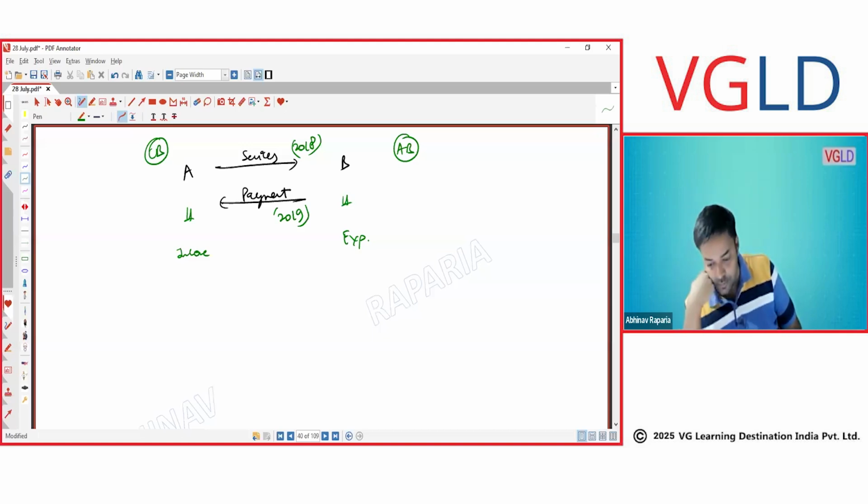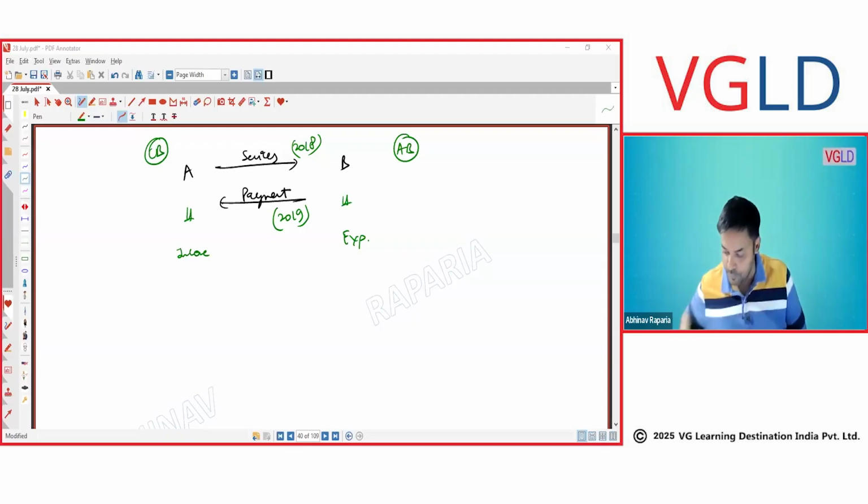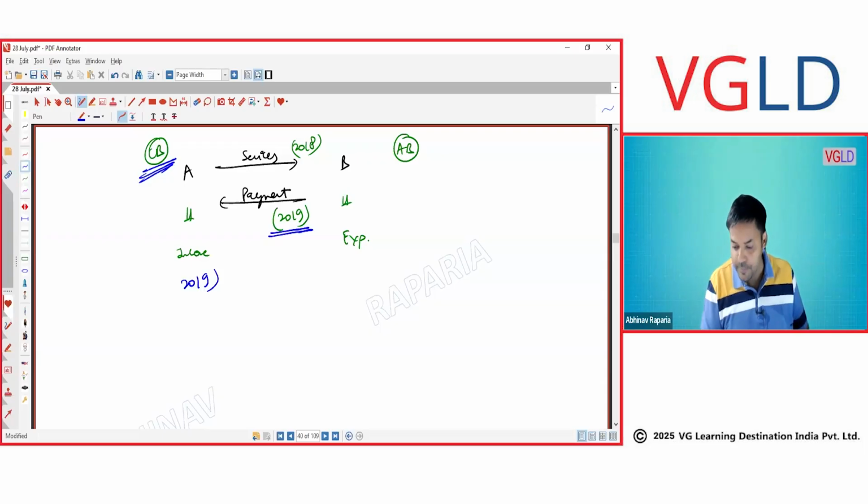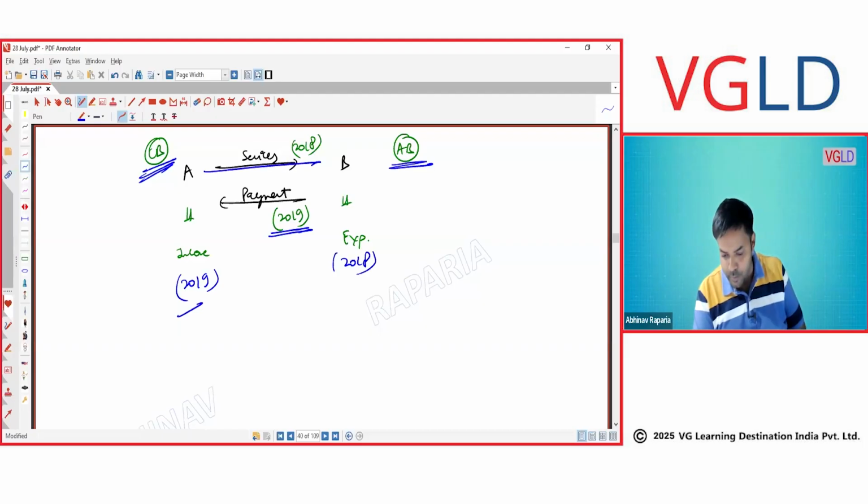When will you book the expenditure? If the person is cash basis here, when are you receiving it? You are receiving in 2019, you book in 2019. This person is accrual basis, so whenever the services are received, 2018.